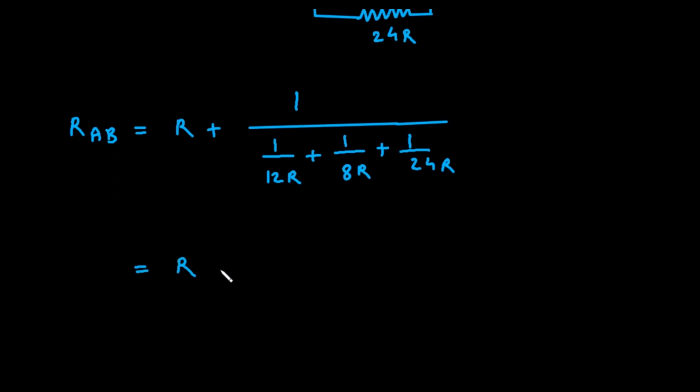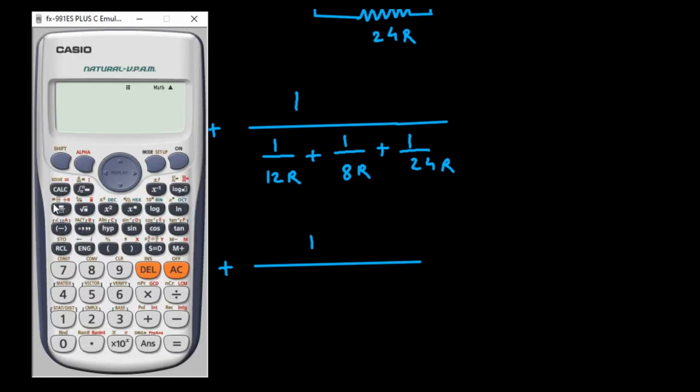So it will be R plus 1 upon, now here we can take this R common. So what remains? 1 by 12 plus 1 by 8 plus 1 by 24. So let's solve this.